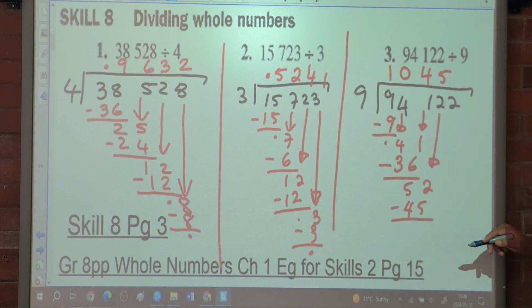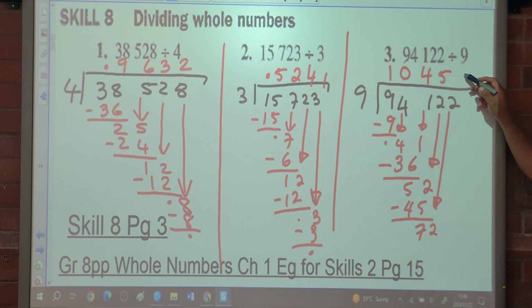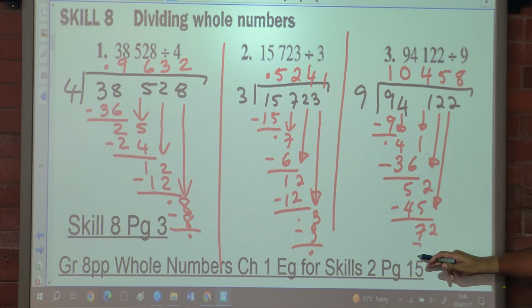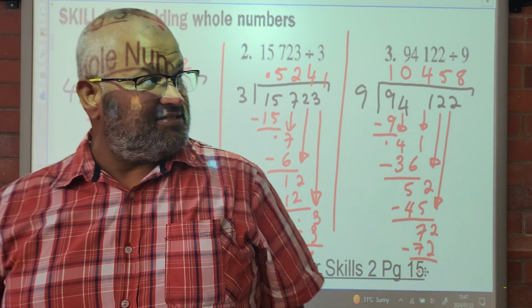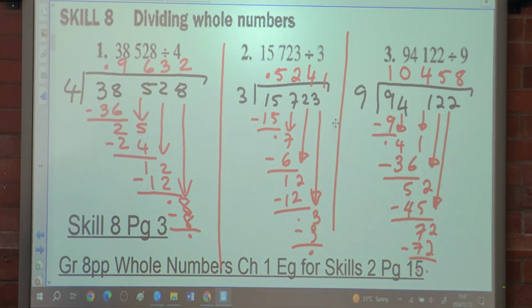Subtract again? 7. Bring down the 2. 9 goes into 72 how many times? 8 times 9? You subtract again? So 94,122 divided by 9 is 10,458. Okay.